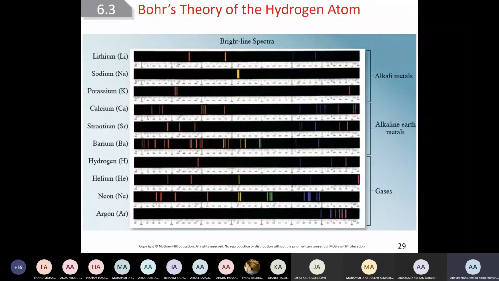If there is a line here, here, here, and here, and this is yellow and these are blue, then which element am I talking about at the top? Lithium, because the picture is the same. So if I give you something to compare, you can easily compare with it.